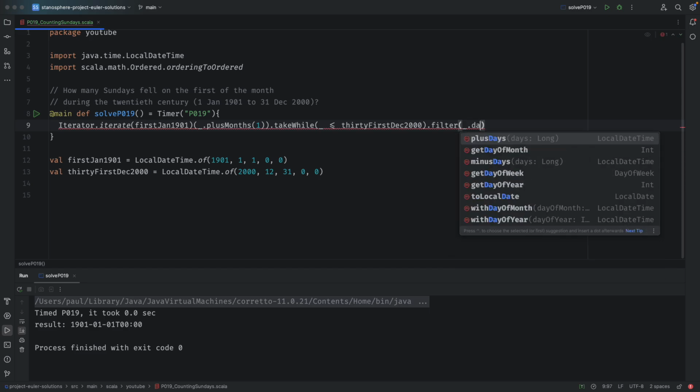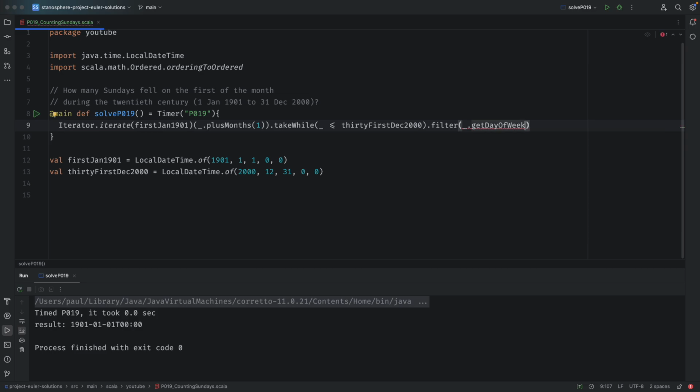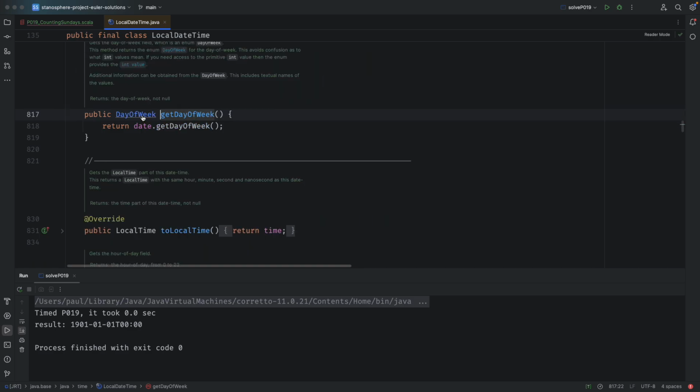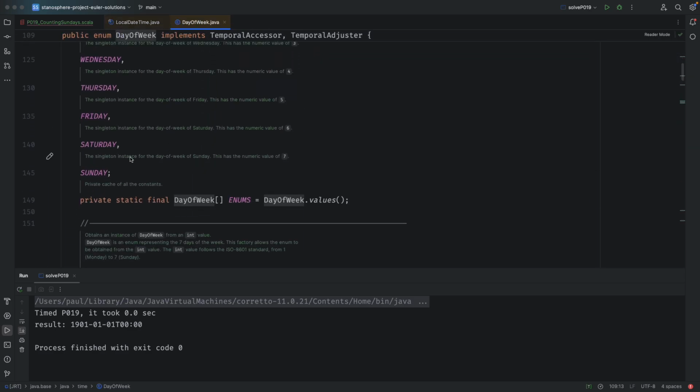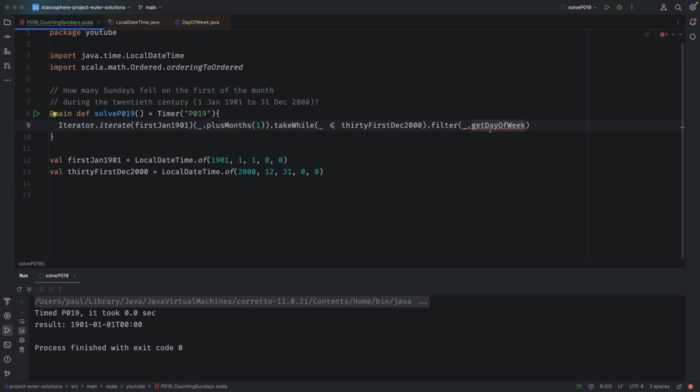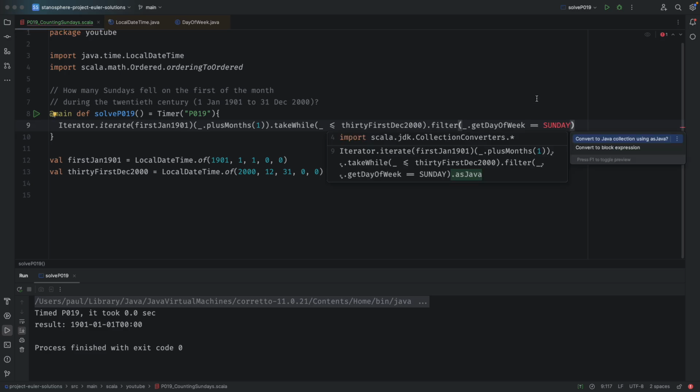So get day of month, nope, day of week. That's what we want. And if we go to day of week, okay, so it's just an enum. Cool. So it all says value 7. But we just want to do double equals Sunday.